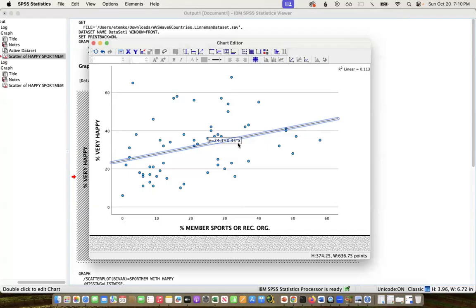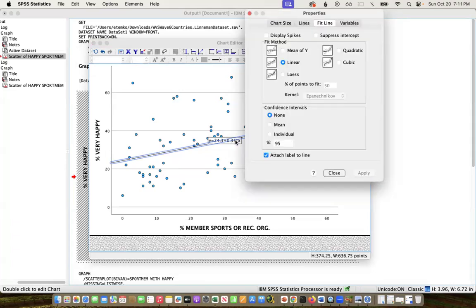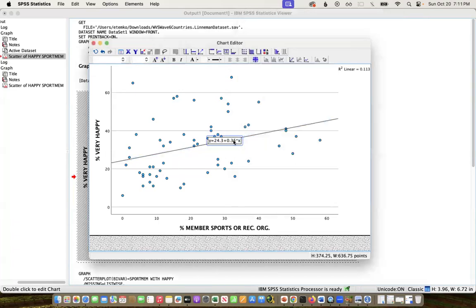Now you'll see it has an equation, which we'll get into linear equations later, and that's covering up the graph. So I have two options here. I could just drag that equation over, so now it's just kind of out of the way.